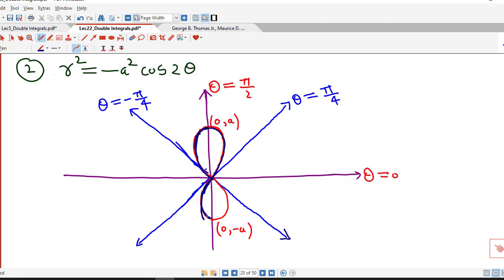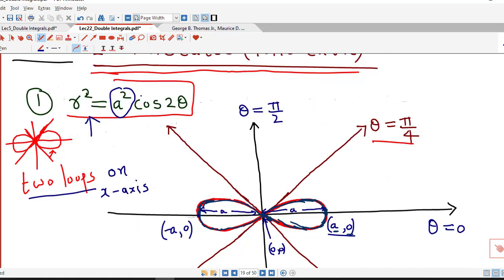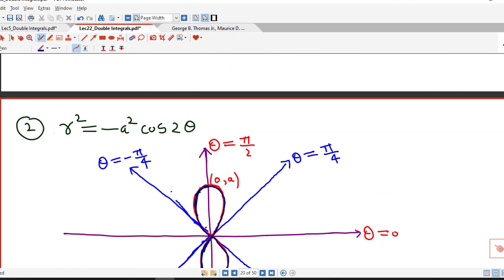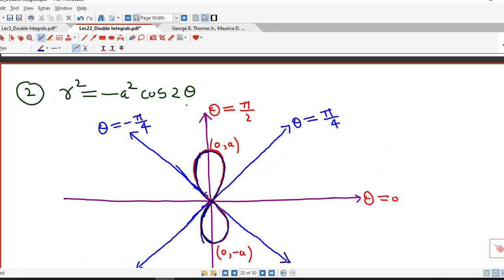So if we have r square equal to cosine 2 theta into a square or negative a square, our lemniscates will look like this. If r square is equal to positive a square cos 2 theta, then both the loops are on x-axis, and if r square equal to negative a square cos 2 theta, both the loops are on y-axis, that is on the line theta equal to pi by 2.